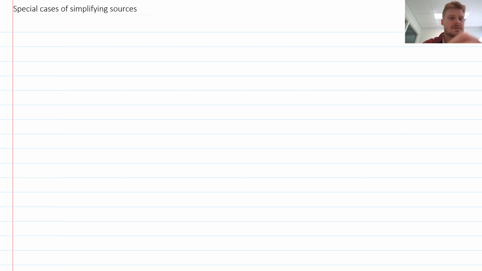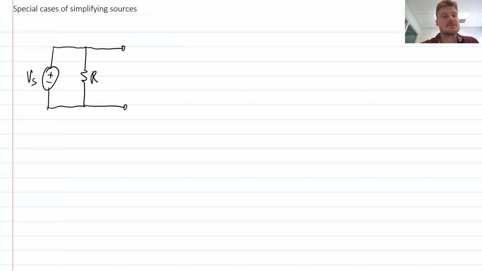So I want you to think about a circuit where you had a voltage source which was connected in parallel with some resistor, and this is then connected up to some circuit.